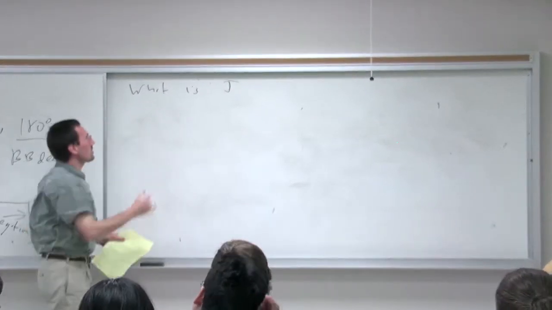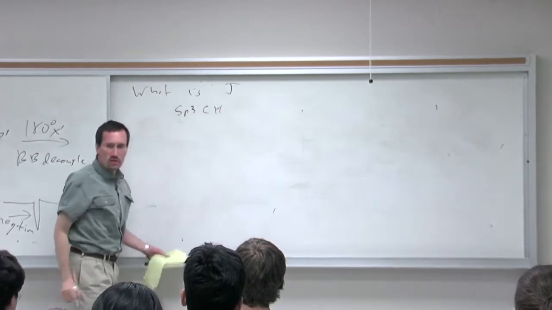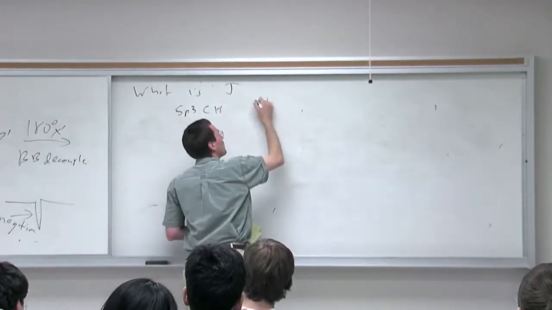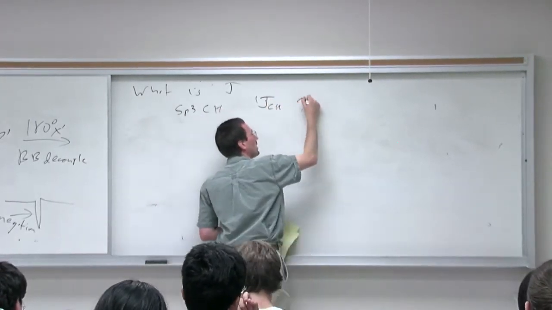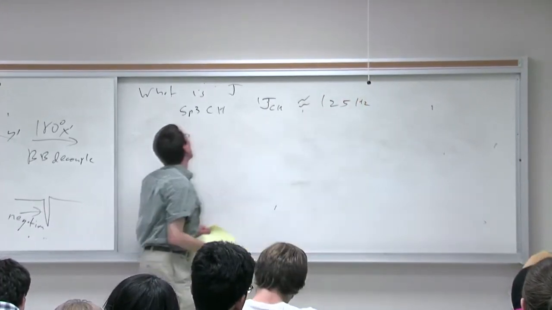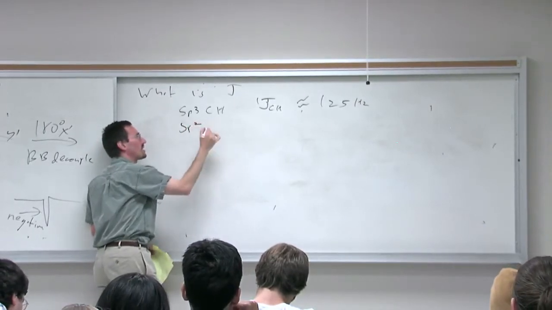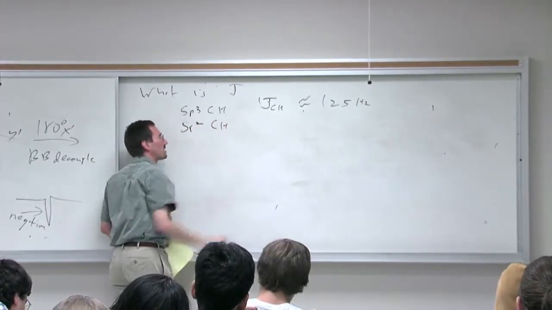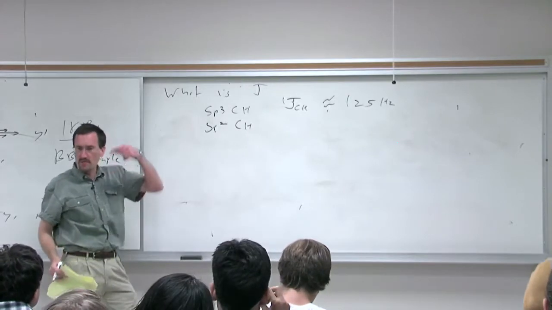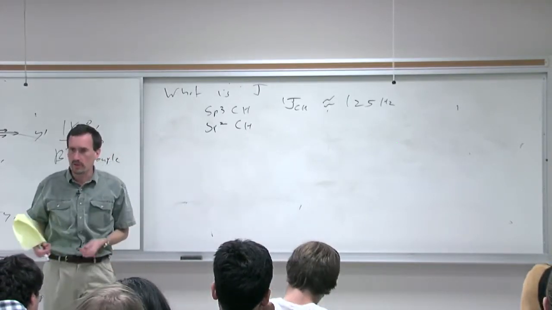So as I mentioned before, for an sp3 CH, J1CH is typically about 125 hertz. For an sp2 CH, remember the degree of coupling is intimately linked to the hybridization of the carbon, because that tells you how much time the electrons spend near the nucleus, right?